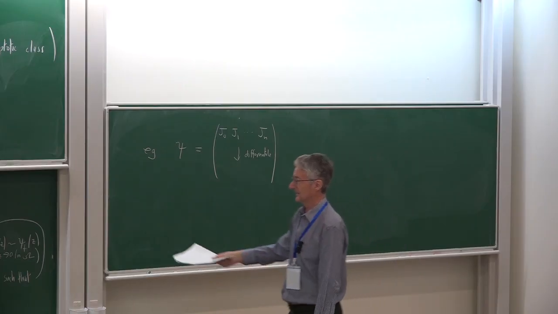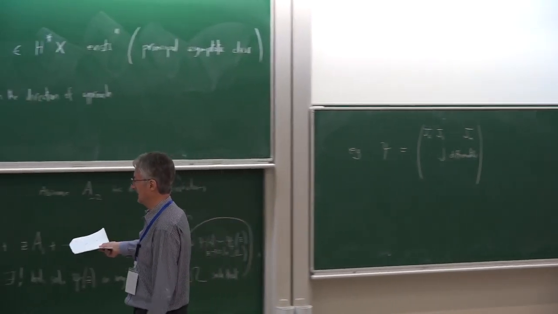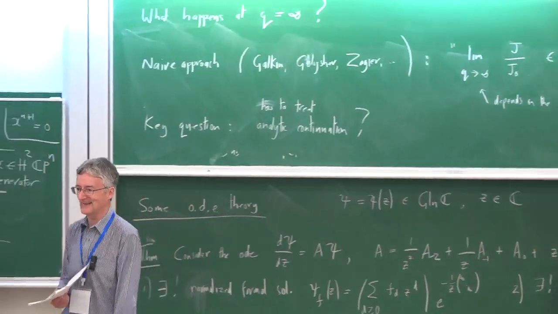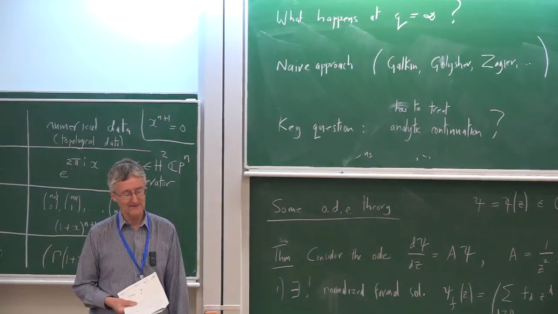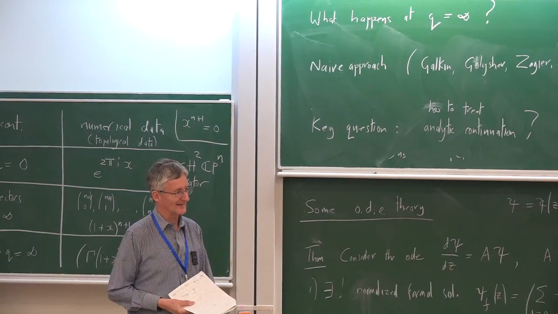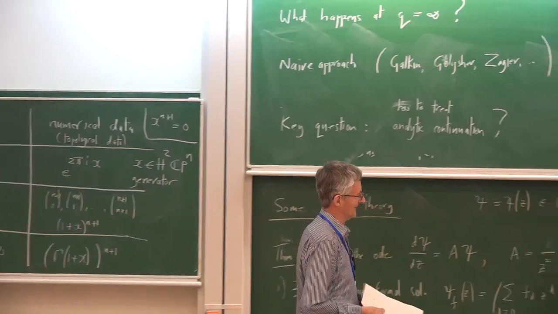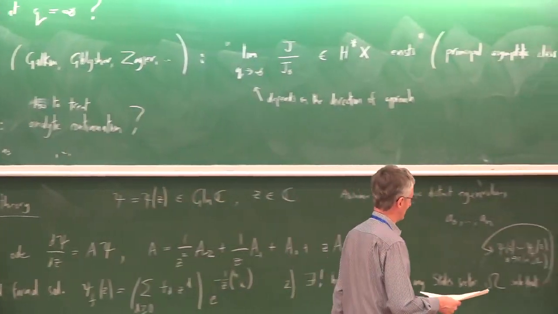So I'm now taking my quantum differential equation to be this. Actually, it's not this. So I'm cheating. The quantum differential equation does not have distinct eigenvalues of the residue, but let's just pretend that it does.